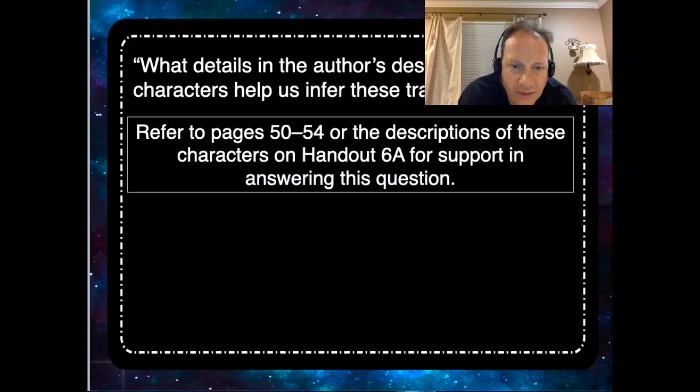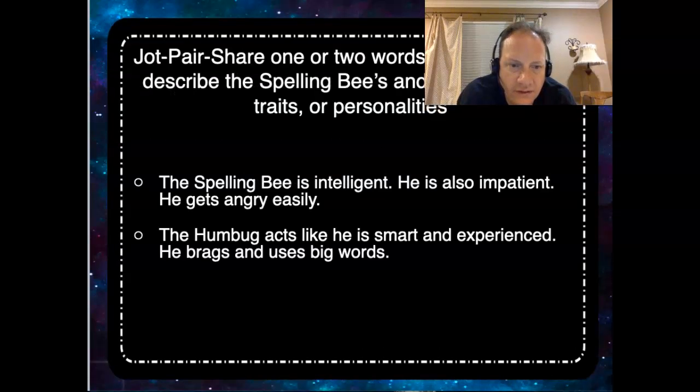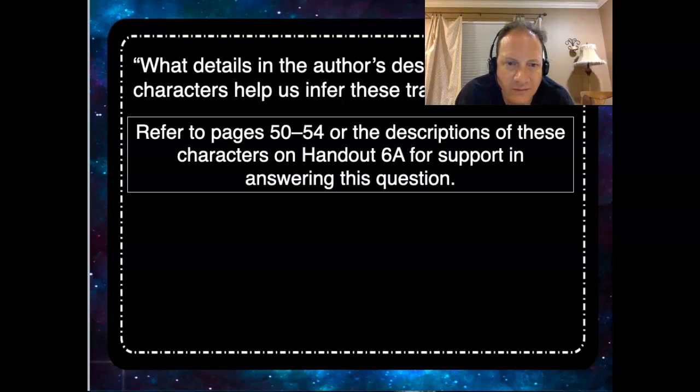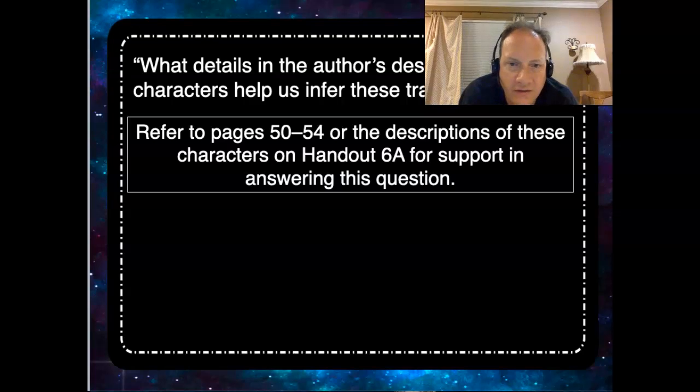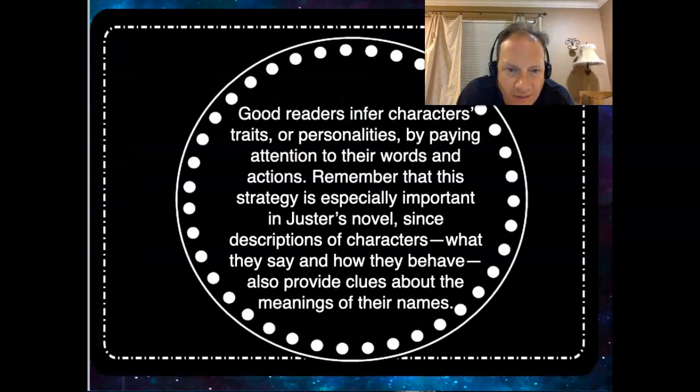Let me pop through this real quick. Okay, so there's what I just talked about. I want you to look back on page 50 to 54 and the descriptions of the characters on handout 6A for support in answering the question. So you're going to look at 6A, and I want you to think about the Humbug and spelling bee and some words that we could use to describe him.